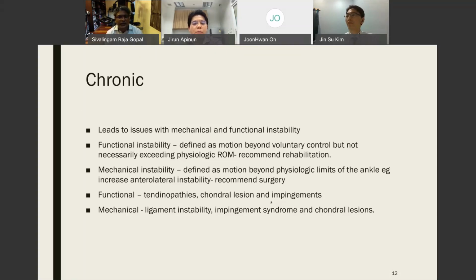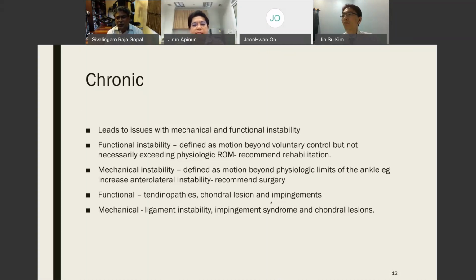Surgery might be indicated. Mechanical instability is defined as motion beyond the physiological limits of the ankle, especially with increased anterolateral instability. In this kind of case with mechanical instability, I generally do surgery. Functional instability has its own problems. They always present with tendinopathies due to the varus tilt and inversion of the ankle.